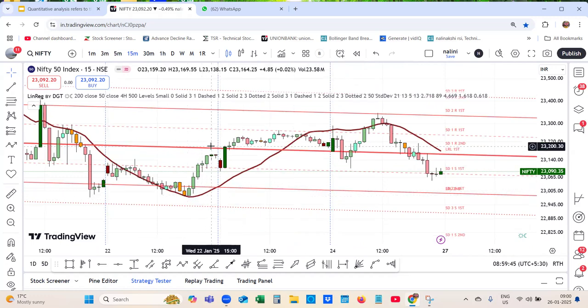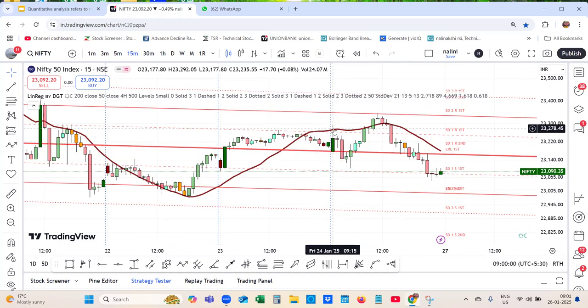Here, the linear regression line crossed. You can see this is the best fitting line for all these data points. The first 15-minute candle was a bullish candle, penetrated through this 50-period brown slope, and could not sustain. It started coming down.